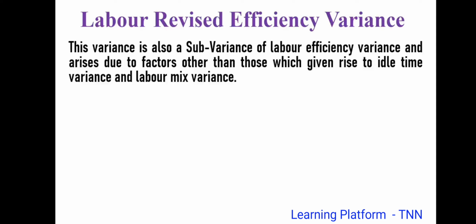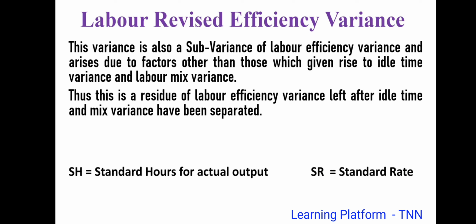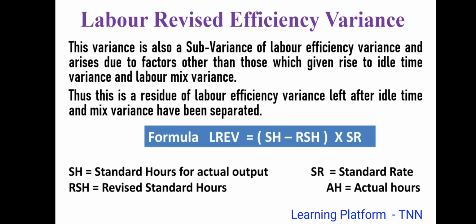This is the residue of labor efficiency variance left after idle time and mix variance have been separated. The formula is: labor revised efficiency variance is equal to standard hours for actual output minus revised standard hours into standard rate.